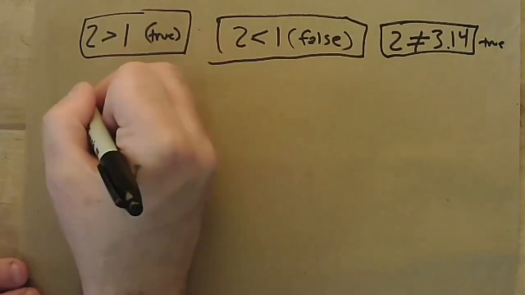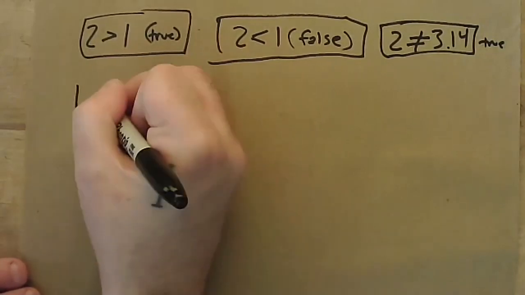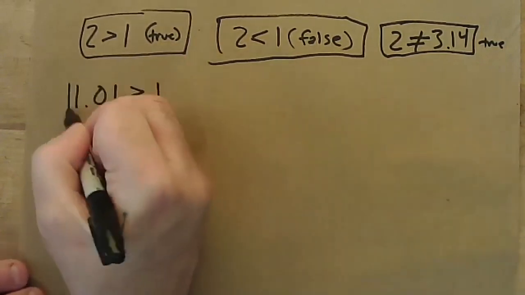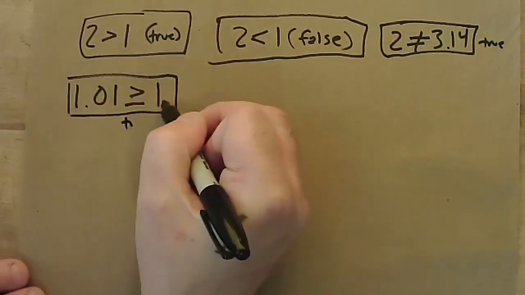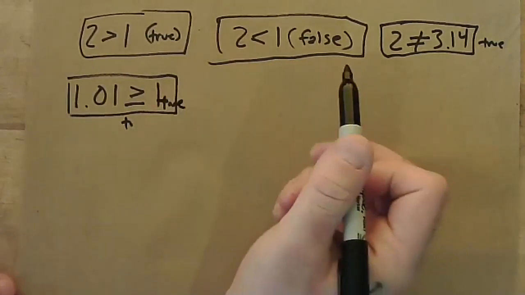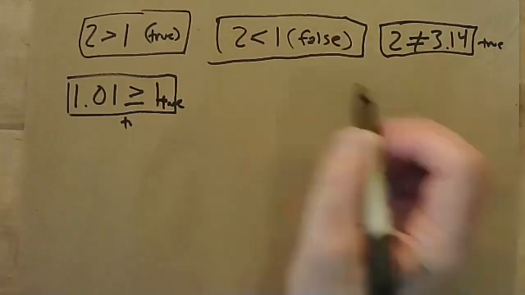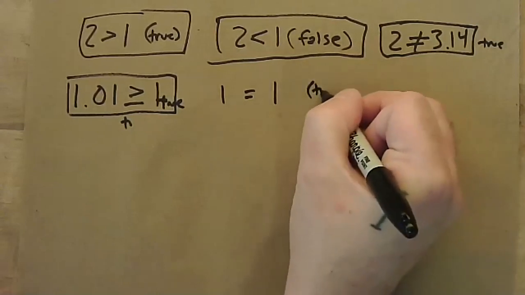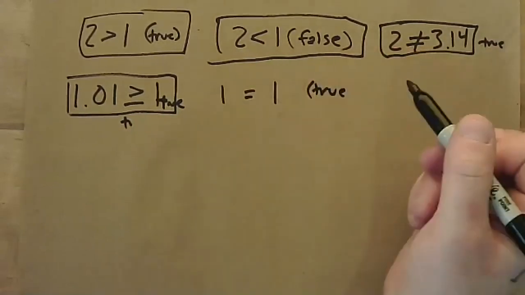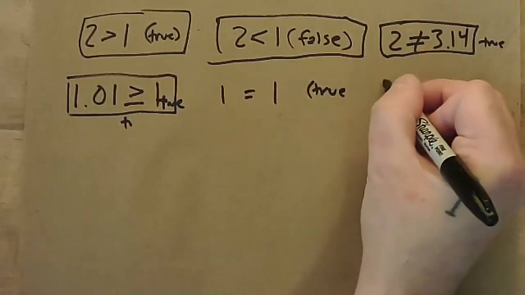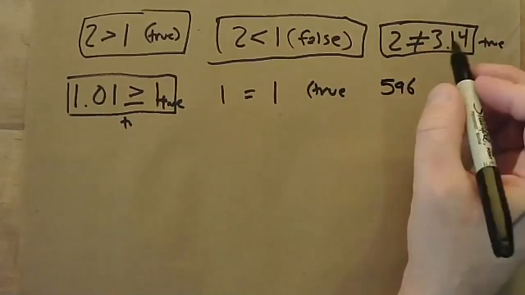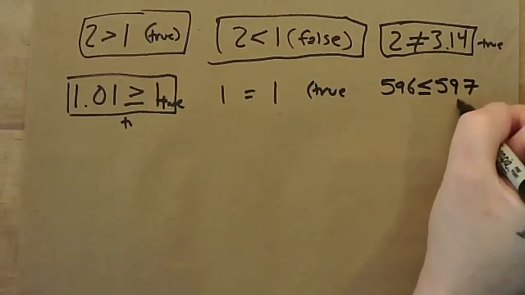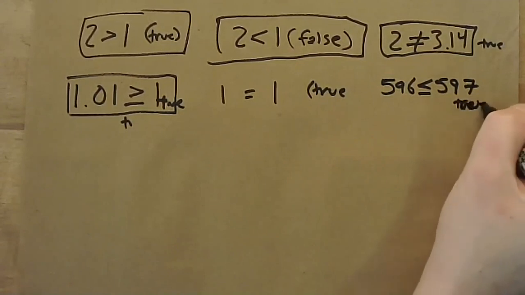And we can say 1.01 is greater than or equal to 1. That's true. And we'll just do 2 more. 1 is equal to 1. That's true. And I'll do one with a bigger, weirder number maybe. So 596 is less than or equal to 597. That's also true.